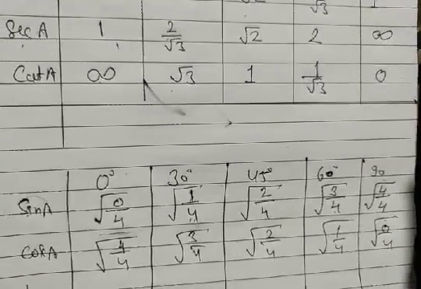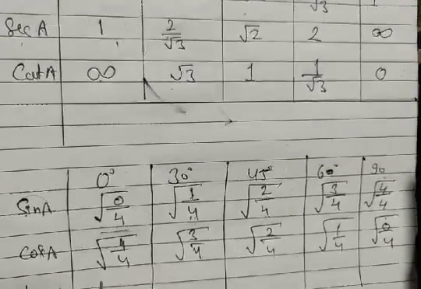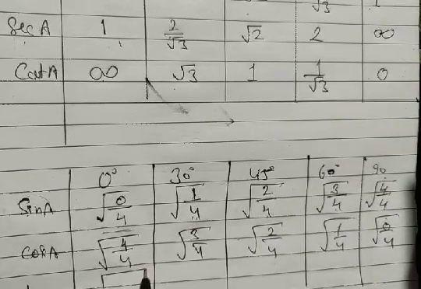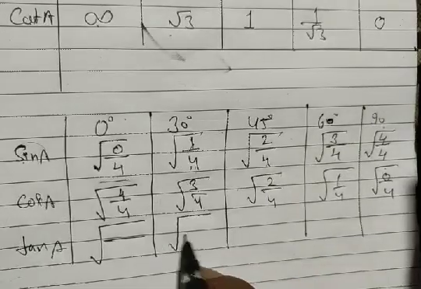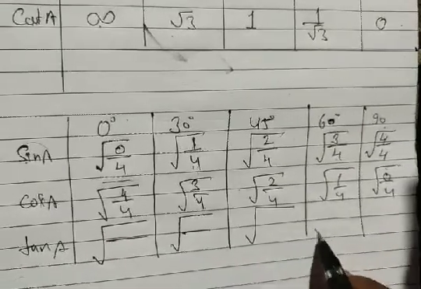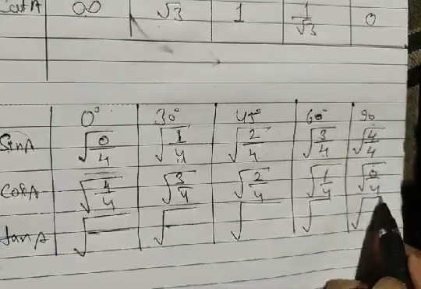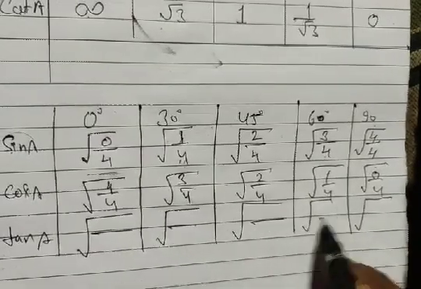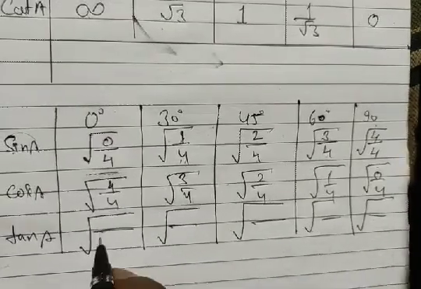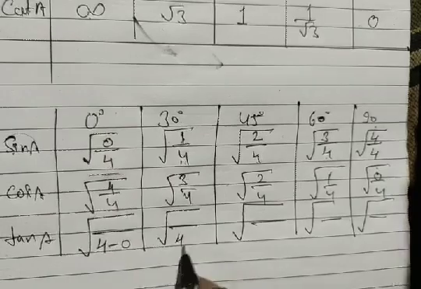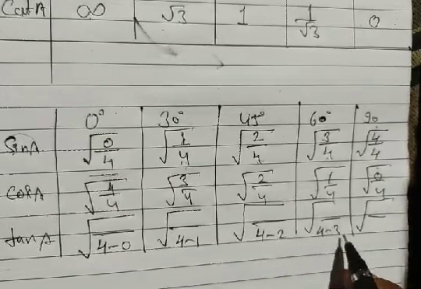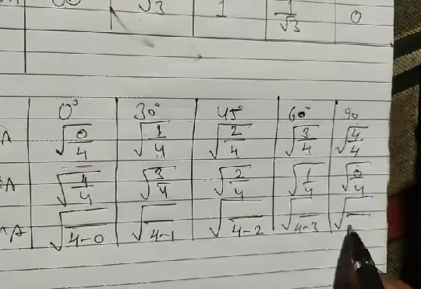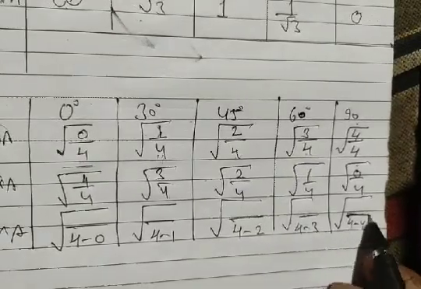How do we memorize tan values? To memorize tan values, we use a somewhat different concept in tangent. Here in the denominator we start with 4 minus 0, 4 minus 1, 4 minus 2, 4 minus 3, and here we write 4 minus 4, then we get 0 in the denominator.